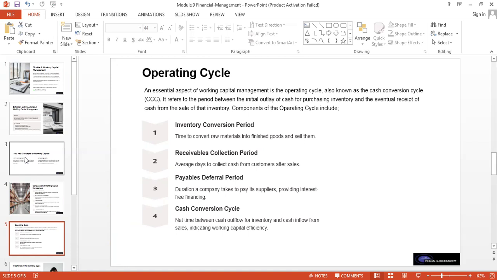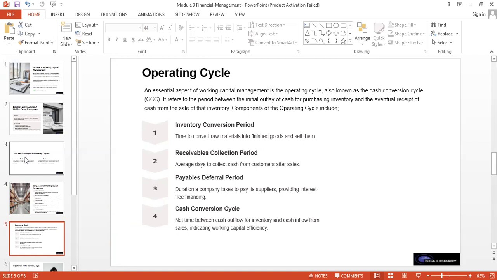And what are the components of the operating cycle? The inventory conversion period is the time to convert raw material into finished goods and sell them. We also have the receivable collection period, the average days to collect cash from customers after sales.